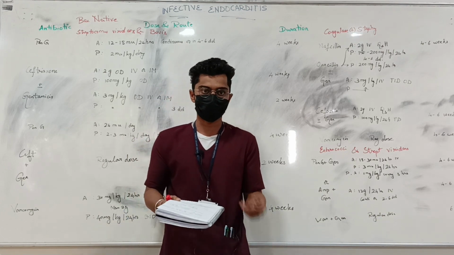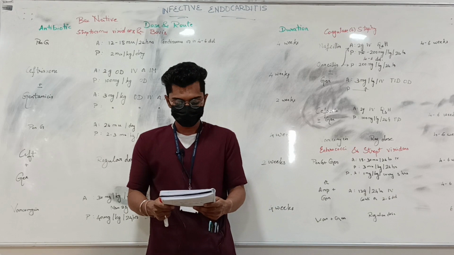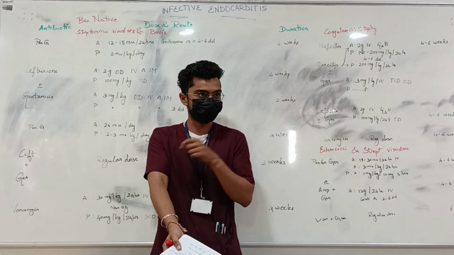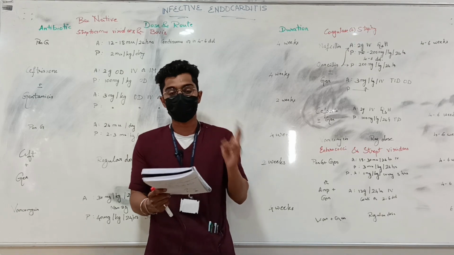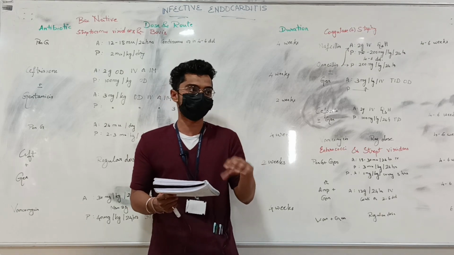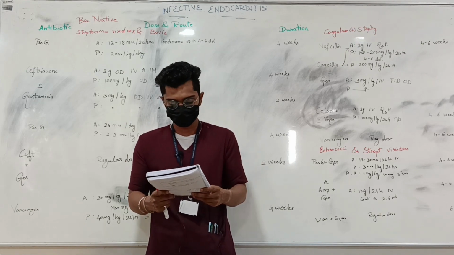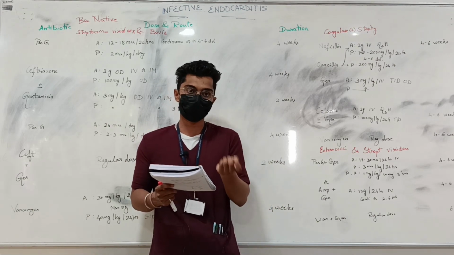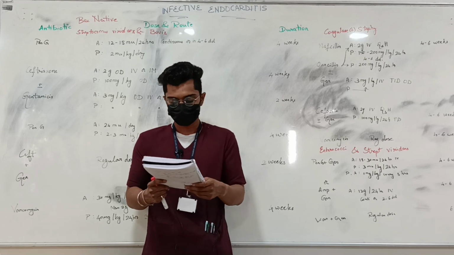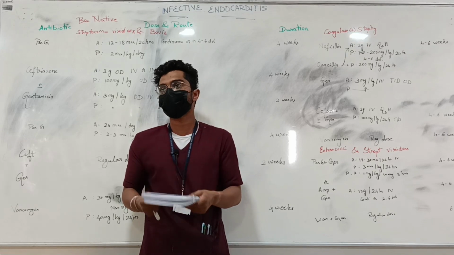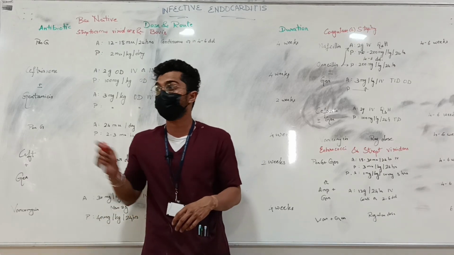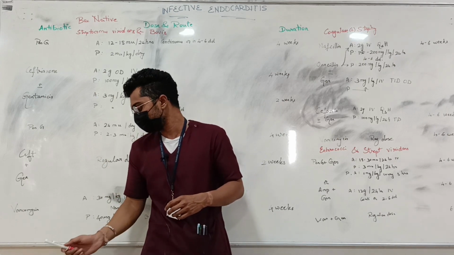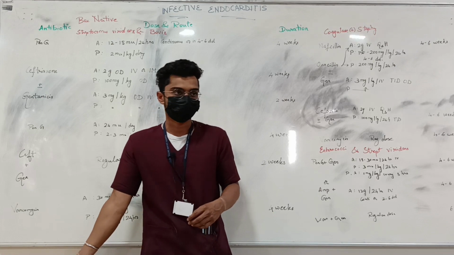The patient can also have conjunctival petechiae, red spots, and Janeway lesions, which are dermatological manifestations. Splinter hemorrhages and internal bleeding can also occur. Mortality in these patients is mostly due to congestive heart failure.